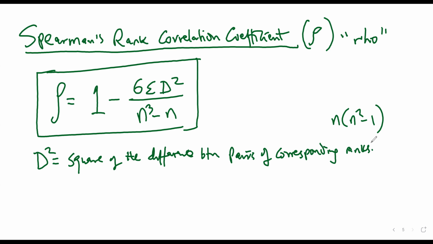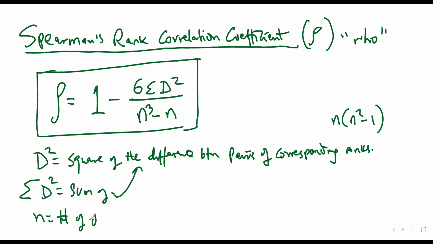Then sigma d squared is the sum of the squared differences between pairs of corresponding ranks. Then n is the number of observations, and 6 is a constant in the formula.